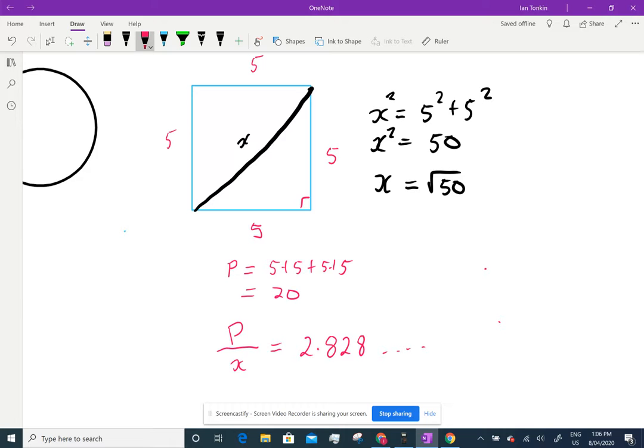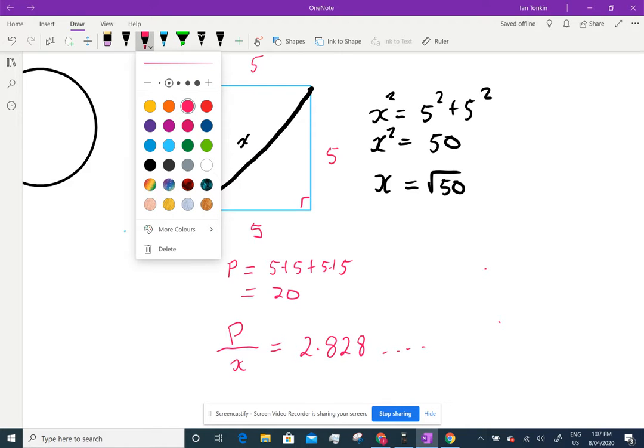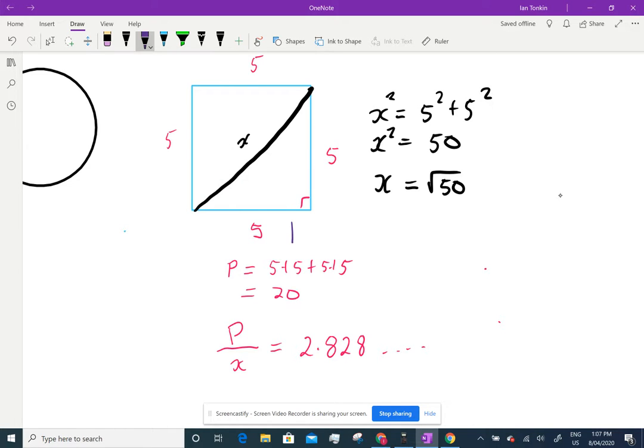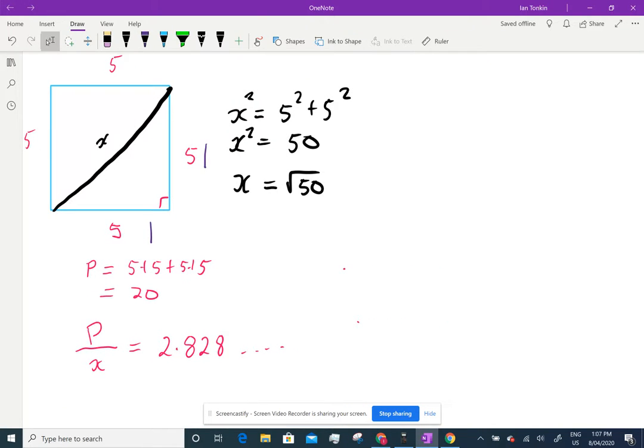But let's say we didn't use 5. We used a different side length. I don't know, let's use 1. So if that's 1 and that's 1, does it change everything? Well, let's see.